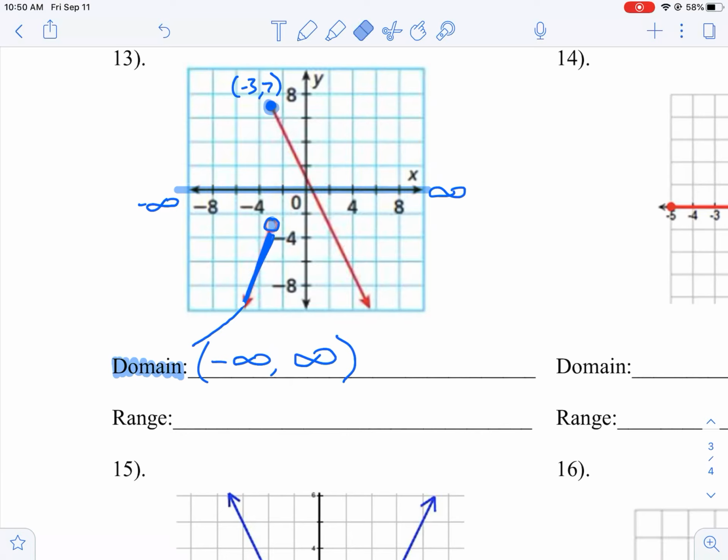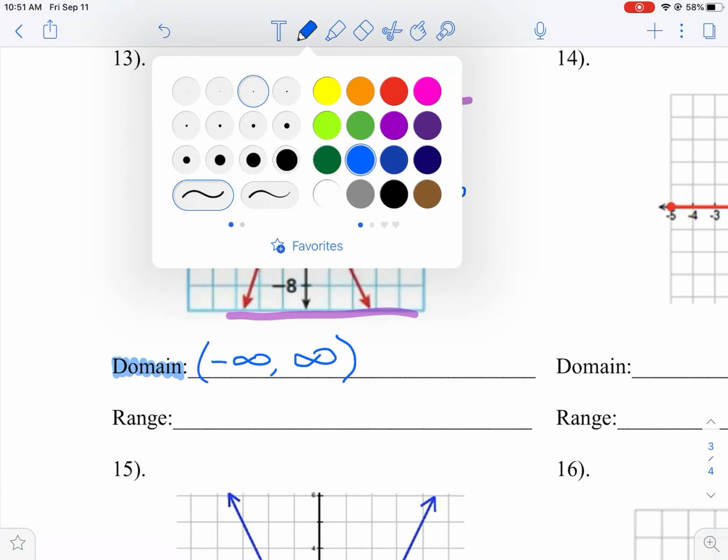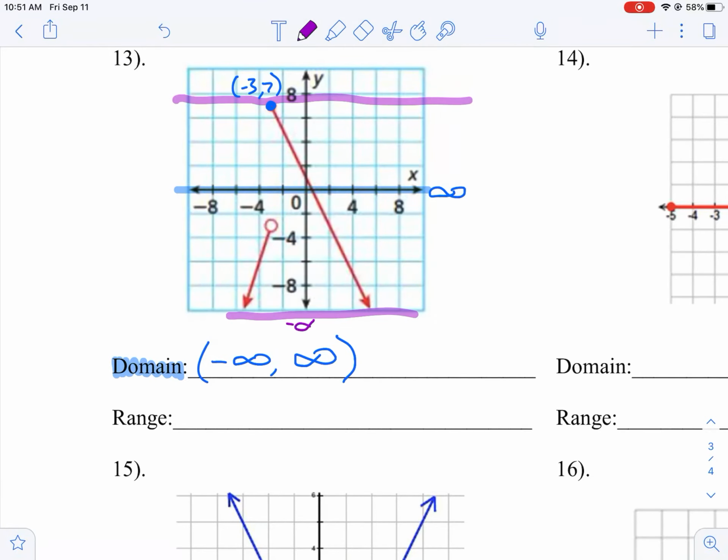Now we're going to look at the range, the y values, and that will make more sense as to what I was doing there. So my range, bottom to top, there is a bottom here. It's at -infinity. So the lowest part of my graph is -infinity, and it's going up and up and up.